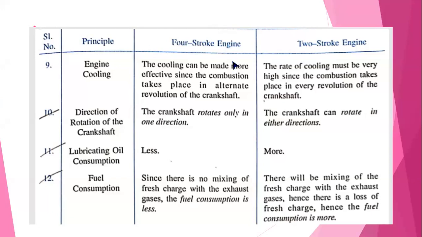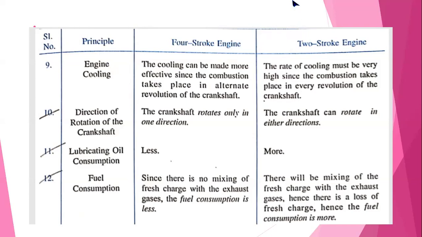Many of you have seen in cars, trucks and heavy vehicles, at the front of the engine there is a radiator. The function of the radiator is to remove the heat developed in the engine by circulating the coolant. The coolant absorbs the heat developed in the engine, then comes to the radiator, where the heat is removed from the coolant.